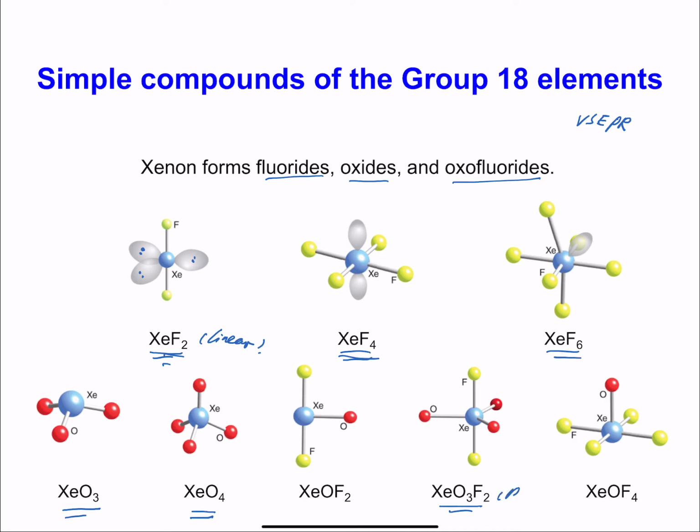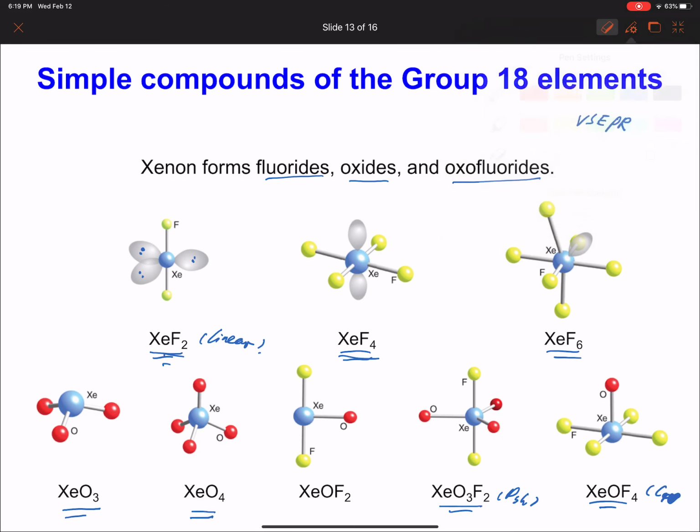But this one is kind of a trigonal bipyramidal, which is a little bit strange. Also we have XeO3 and XeO4. And here, that's a trigonal bipyramidal, D3h geometry.